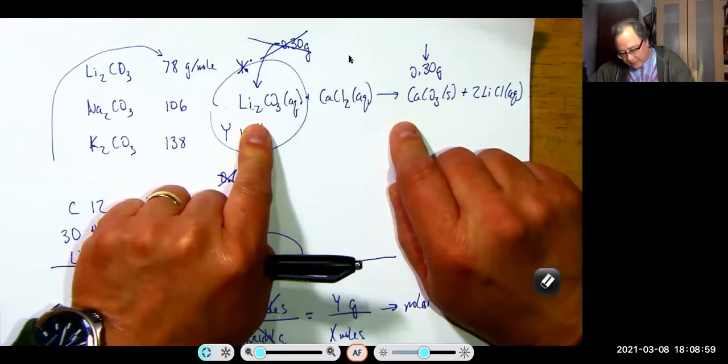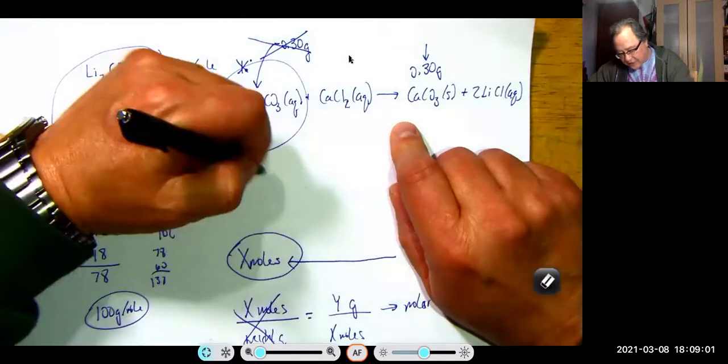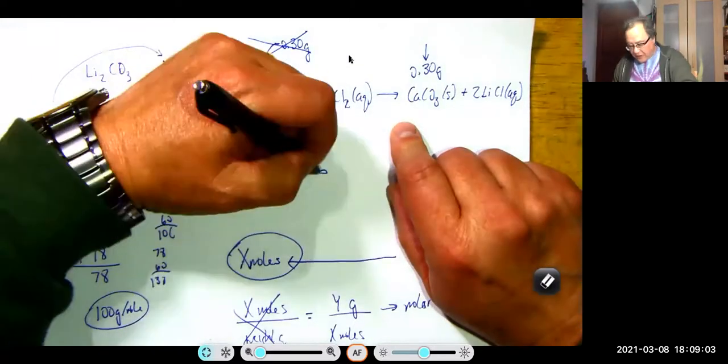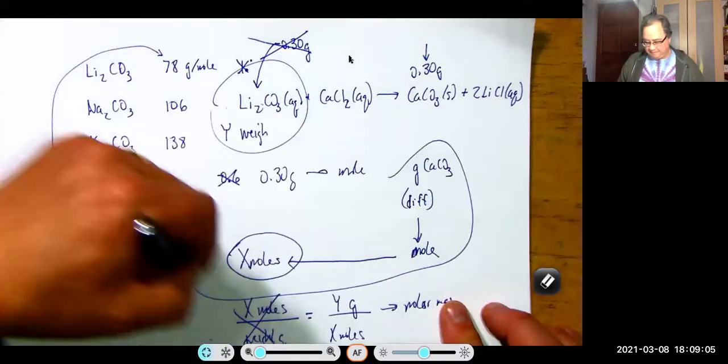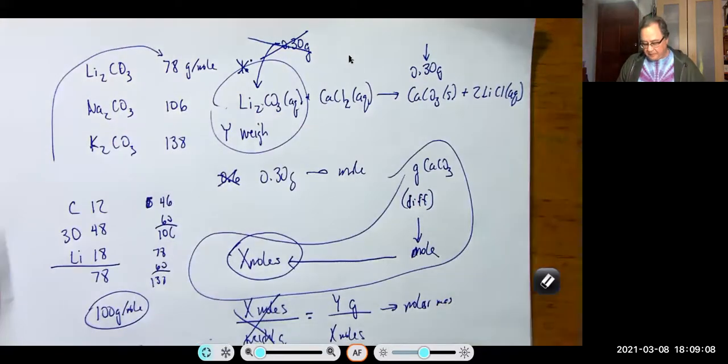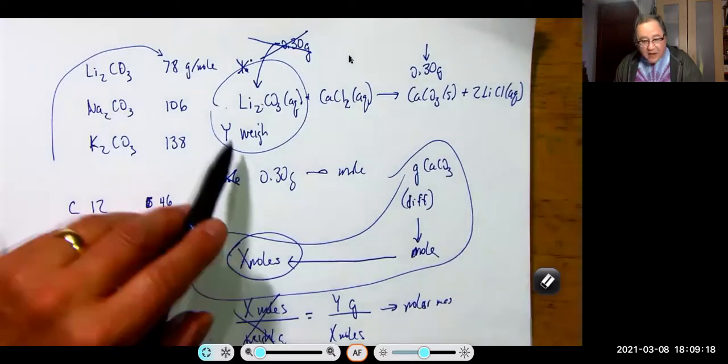Well, you got to take that 0.3 grams and turn that into moles. And you're going to follow this pathway right here. Basically, the pathway is 0.3 divided by 100. And then once you get that number, you have to divide it by whatever that weighed.